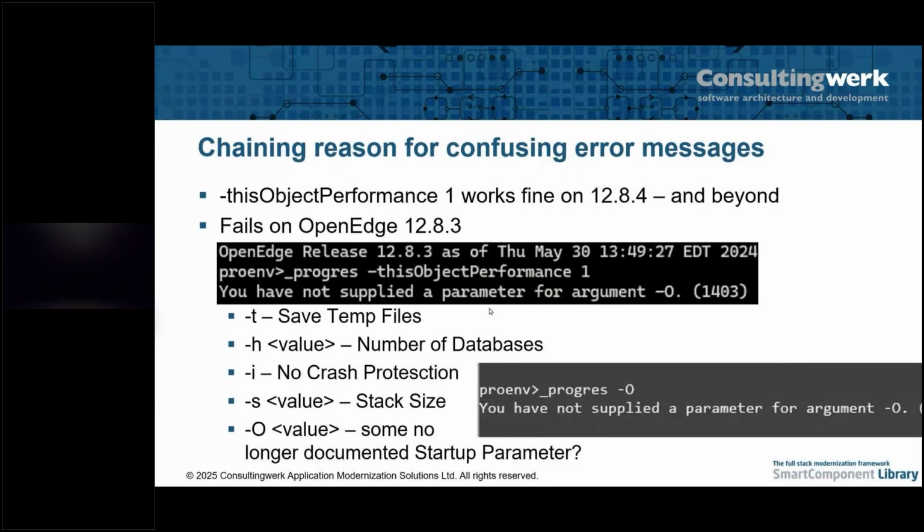Because of this chaining behavior, or the possibility to change startup parameters, sometimes when you're using a startup parameter that's only available in a future version of OpenEdge, you get confusing error messages.